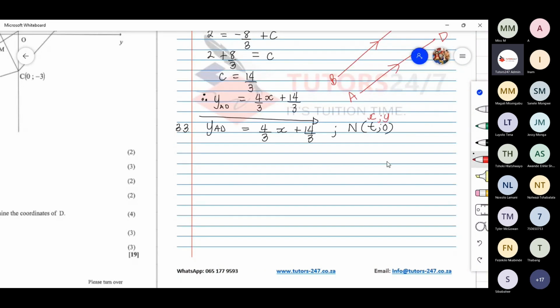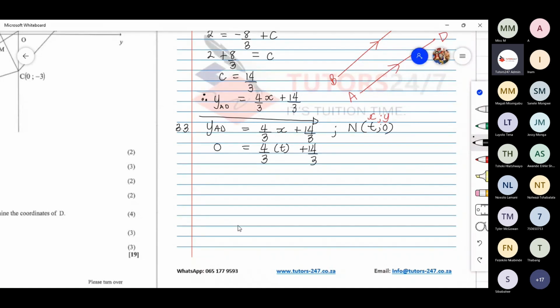In place of y, we are going to substitute 0. And then we are going to solve for t. So in place of y, we substitute 0. In place of x, we are going to substitute t. And now we need to solve for t.